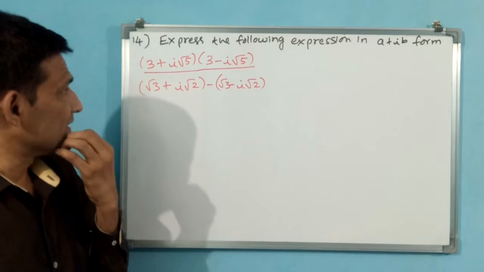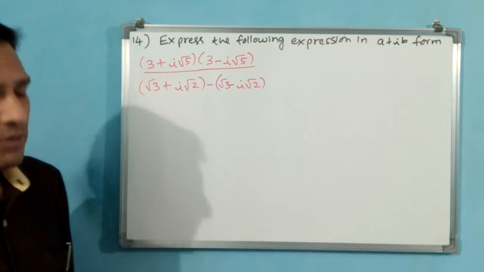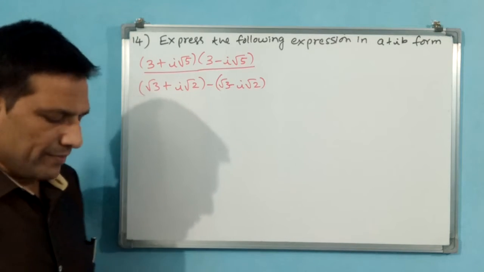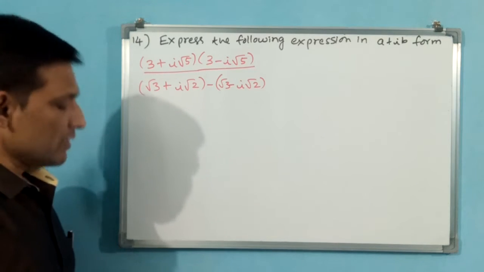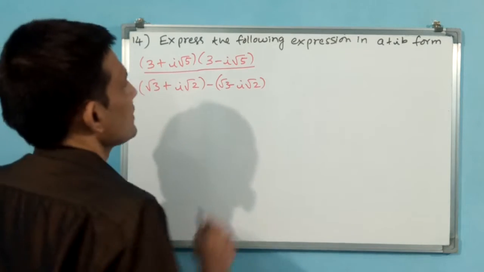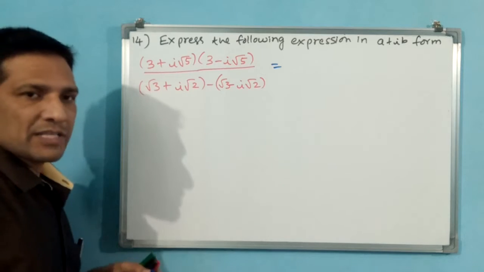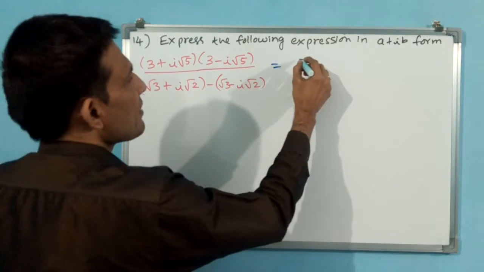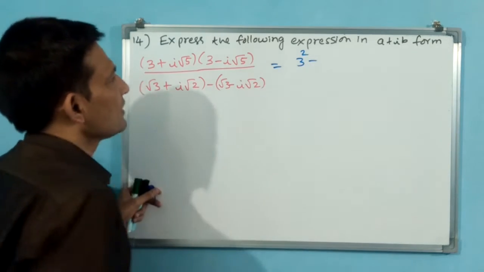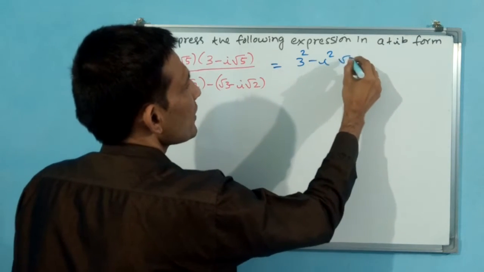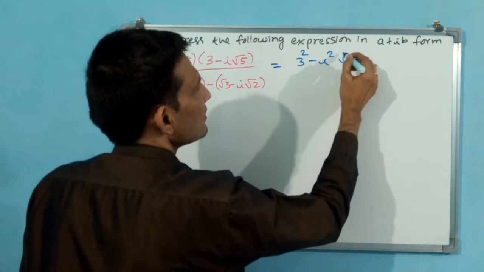Let us do the top numerator first. We can make A square minus B square directly. A plus B into A minus B is A square minus B square. A square means 3 square, minus B square means I square root 5 whole square. Shall I write directly 5?